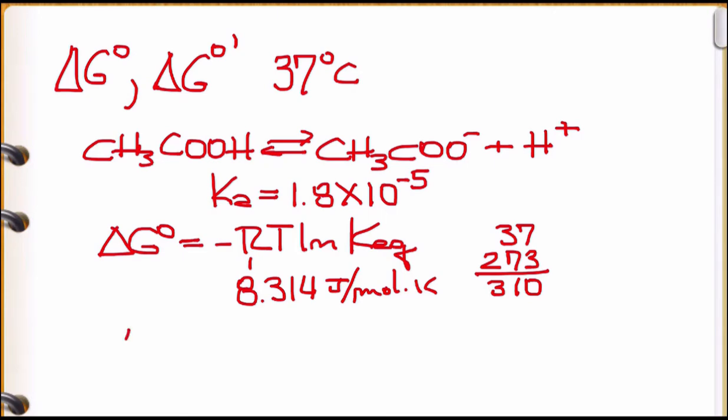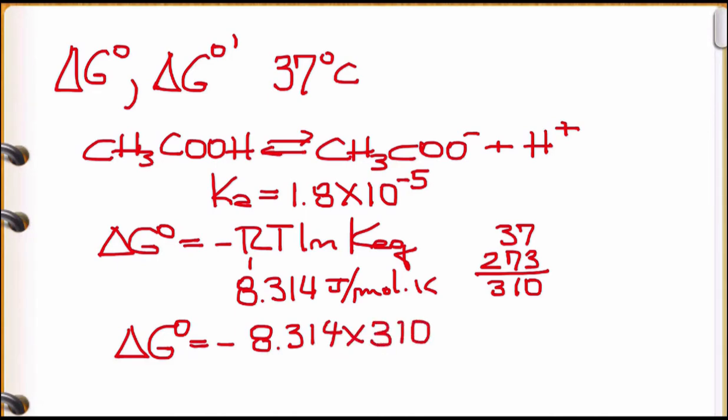So the delta G naught is going to be minus 8.314 times 310 times the logarithm of the equilibrium constant that has been given to us in a table.